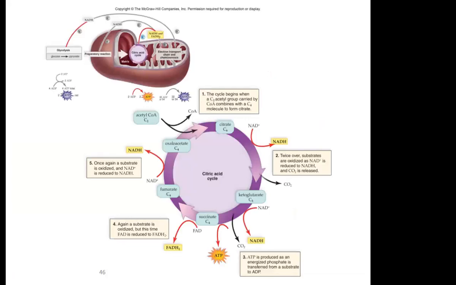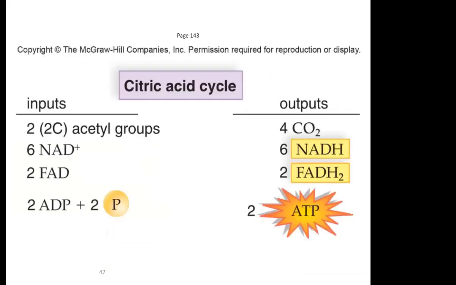Here it is shown in another way. Again, we're glossing over reactions by just showing some of the intermediates. So basically you put in a couple of low energy molecules.